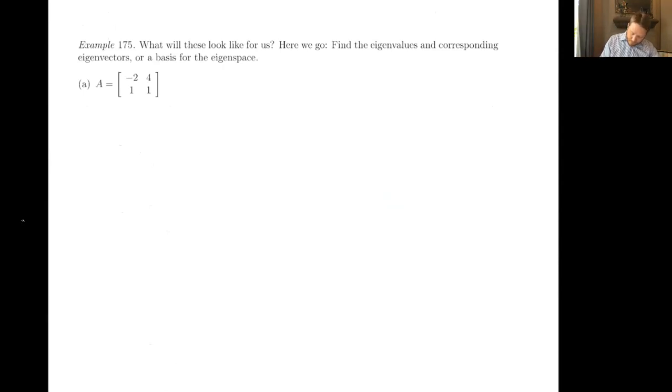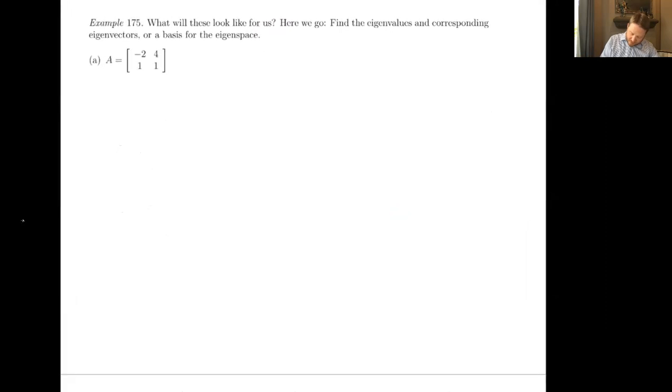Okay, so I'm going to write a little bit small because I don't have a ton of space here, but I need the determinant of lambda I minus A, which is the determinant of [lambda plus 2, negative 4; negative 1, lambda minus 1]. And I want to know where that is equal to 0. So I get (lambda plus 2)(lambda minus 1) minus 4.